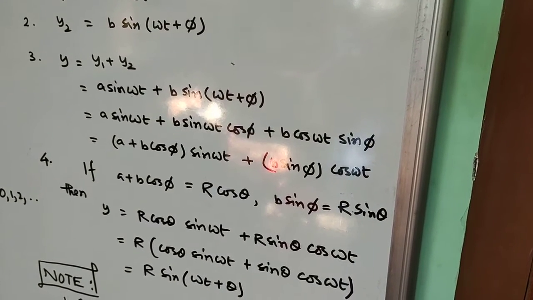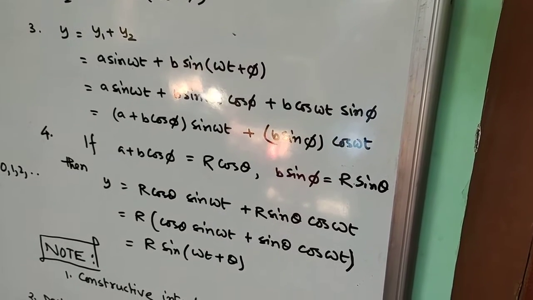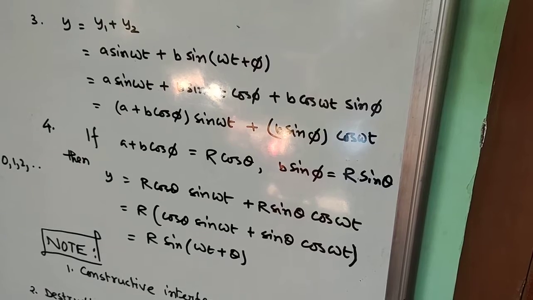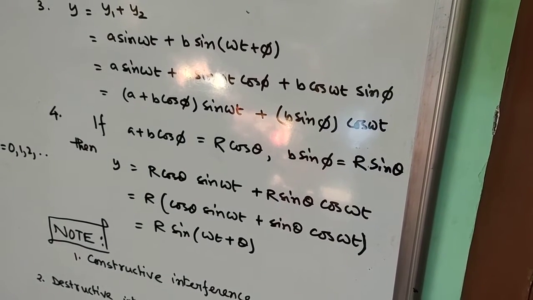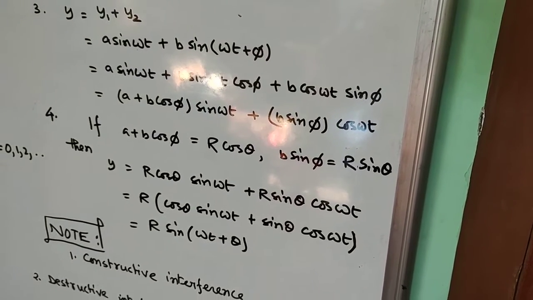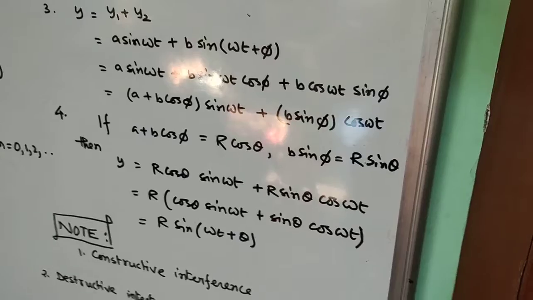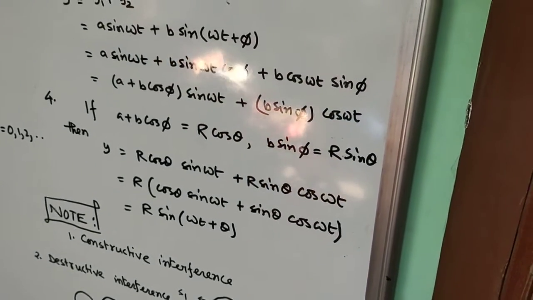If you take R common, then cos theta sin omega t plus sin theta cos omega t, so R sin of omega t plus theta. So that is the formula of sine of A plus B. The resultant displacement can be defined by this equation, y equals R sin of omega t plus theta, and R is the amplitude or the maximum displacement, you can say.